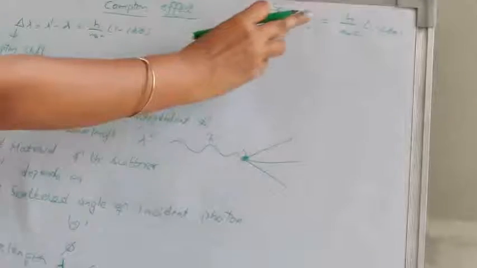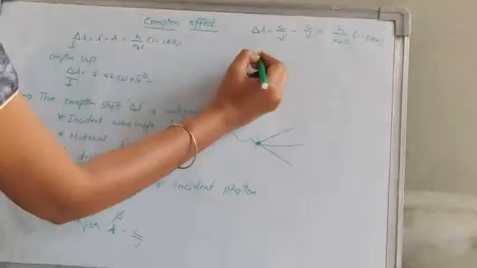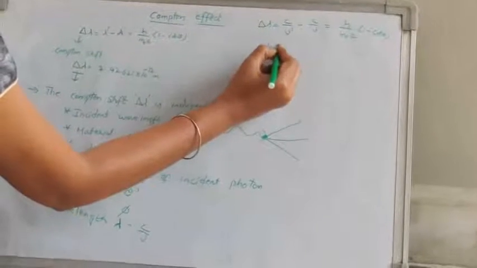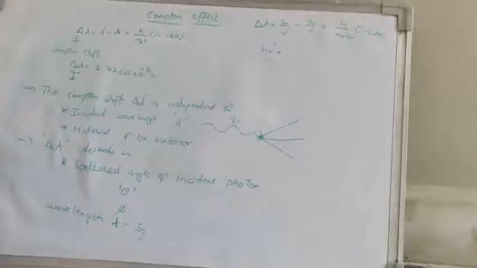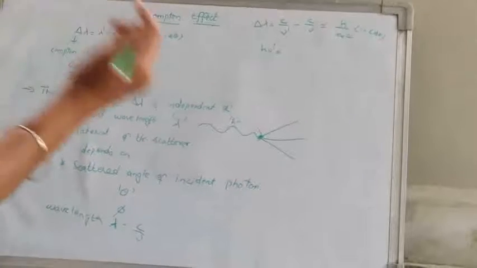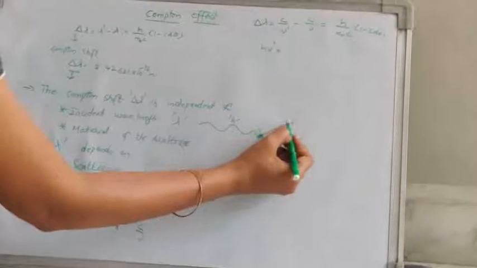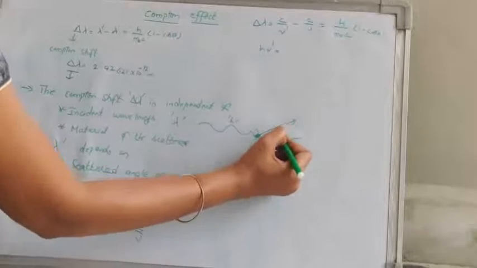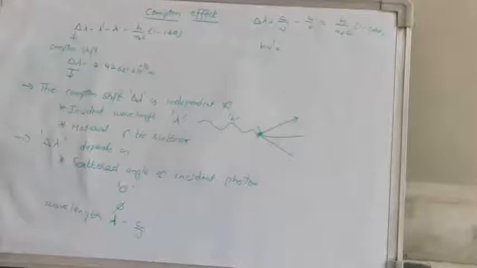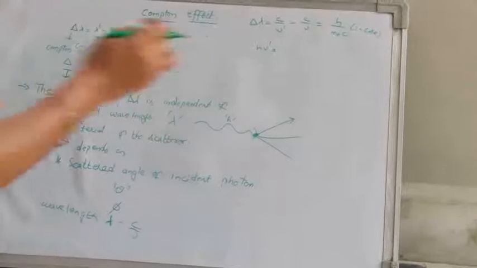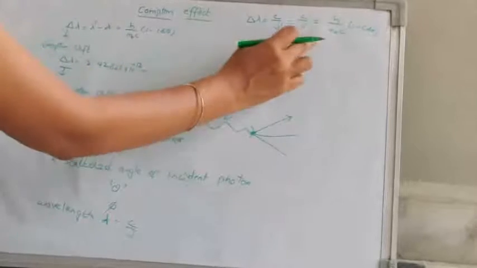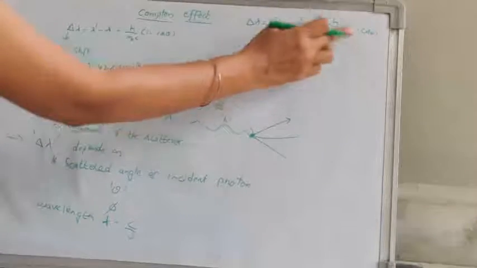So by simplifying, we get h nu dash. What does h nu dash represent? The energy of the scattered photon. So the energy of the scattered photon can be known by simplifying this equation.